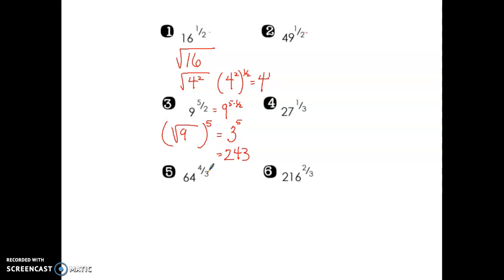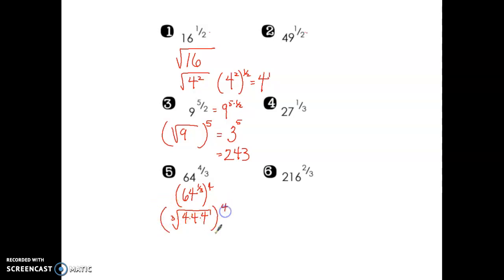Okay, one more. This is the cubed root. We're going to think about 64, and we're going to do the cubed root of it. So it's going to be raised to the 1/3, only because I know what the cubed root of 64 is. Then we're going to raise that answer to the 4th. The cubed root of 64 means 4 times 4 is 16, times it by another 4, that's 64.